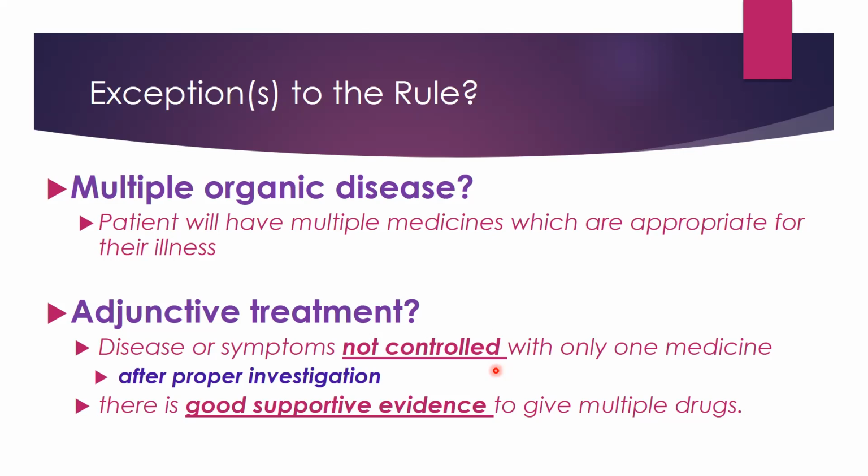Another option is when there is good supportive evidence to give multiple drugs. As I mentioned, if your patient is on an antihypertensive and you prescribe more than one antihypertensive, it is with a different mode of mechanism of action. You will not give two beta blockers together.